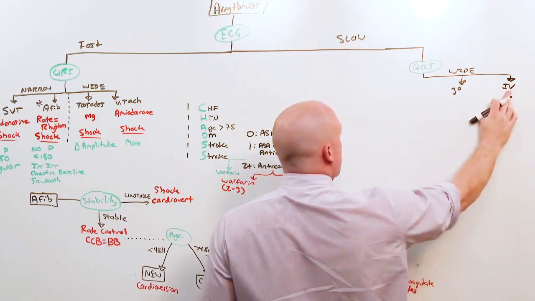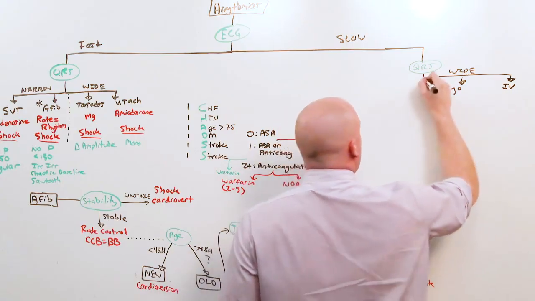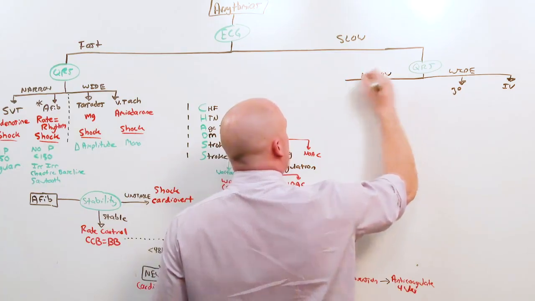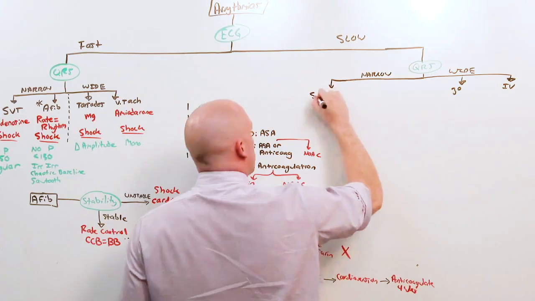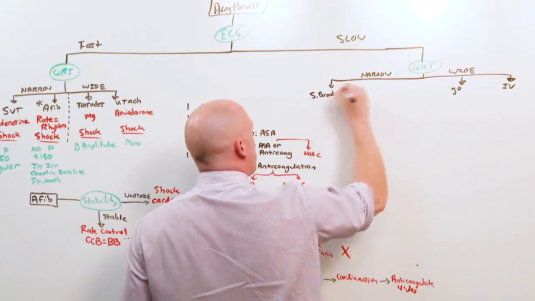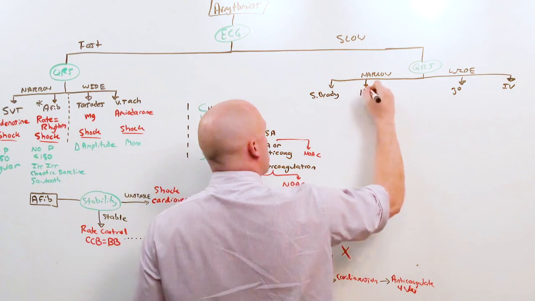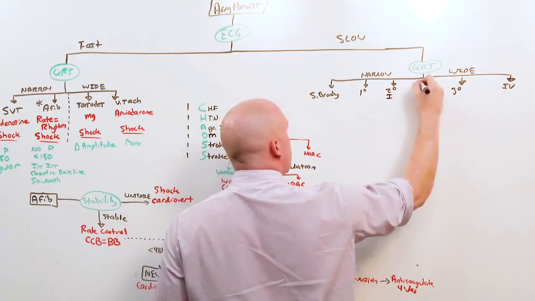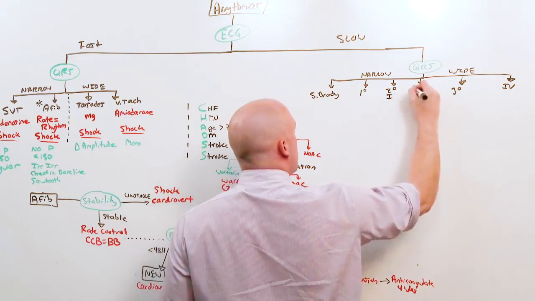The only pacemaker for the heart is the ventricles. On the narrow side, you're going to have sinus brady, 1st degree AV block, 2nd degree AV block type 1, and 2nd degree AV block type 2.